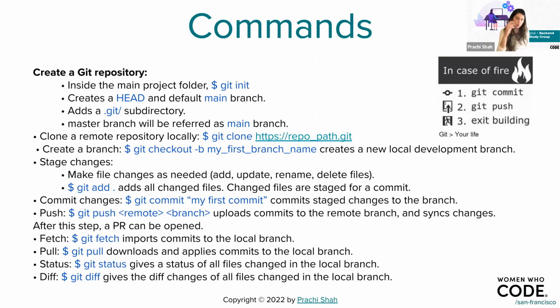Commit changes: usually any change you push or upload to GitHub is called a commit at that point. It's just an upload of your code to GitHub on that specific branch. That concept is a commit, and git commit is the command to do that. And it's always recommended as a best practice to name your commit.